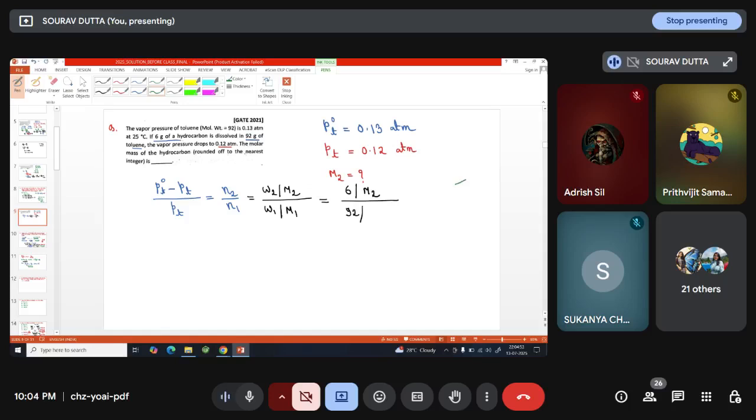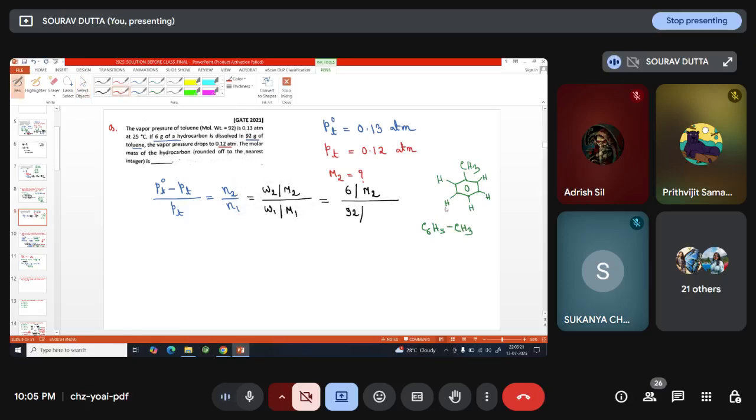Toluene, it is your toluene. This lower portion is basically phenyl, known as C6H5, with CH3. Short representation of this. Okay, calculate the molar mass.